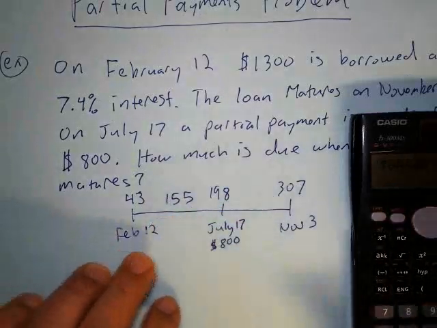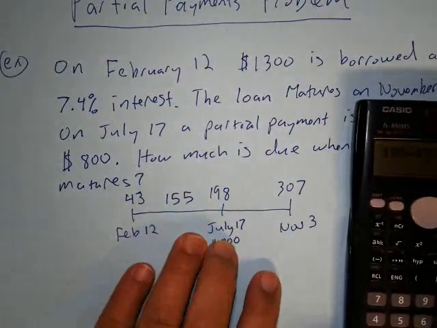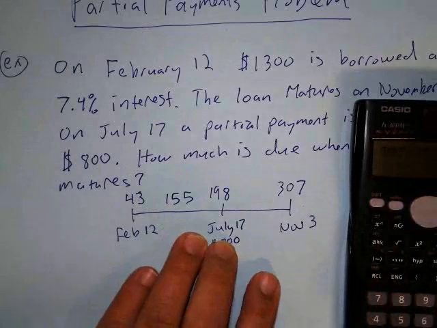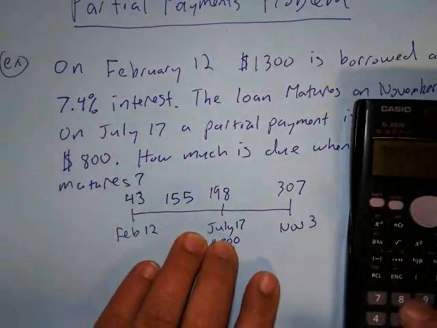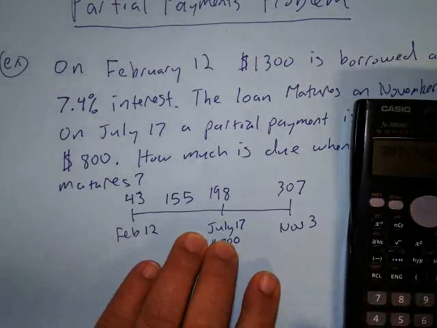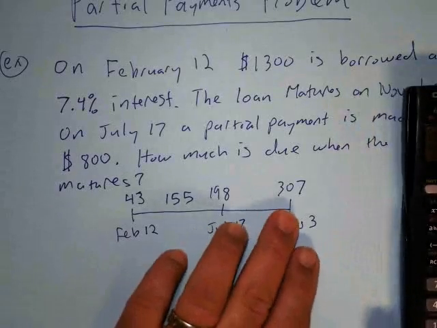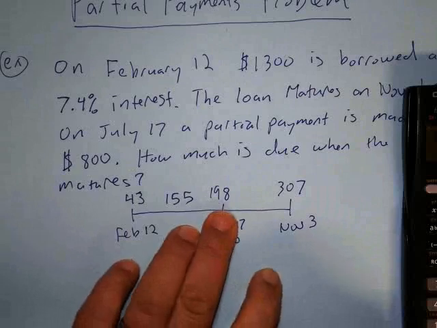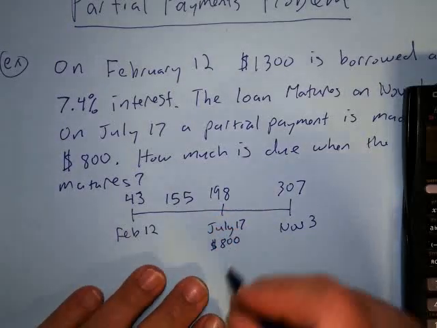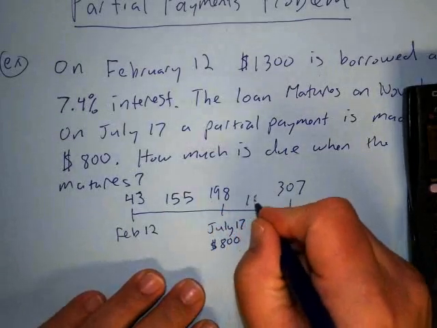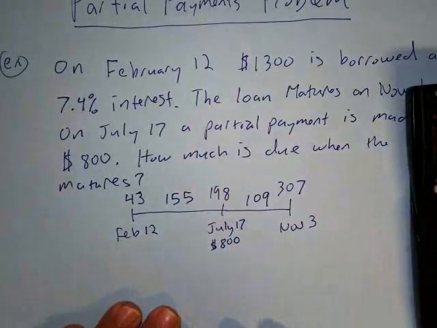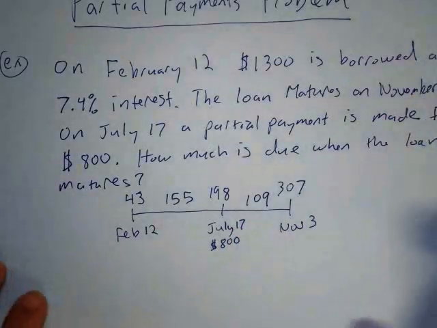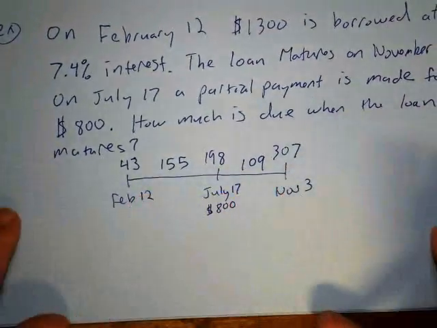So from February 12th to July 17th, there's 155 days. And then from July 17th to November 3rd, there's 109 days. Okay, actually did pretty good, didn't I, splitting that up?